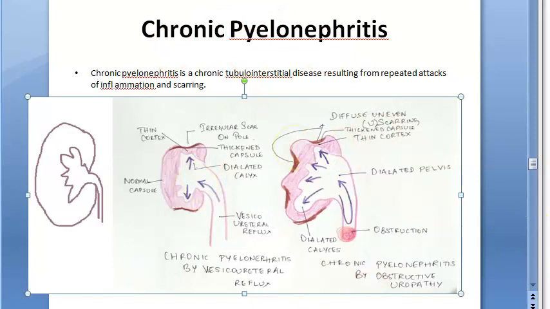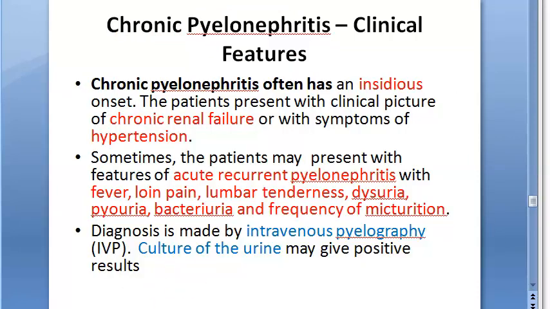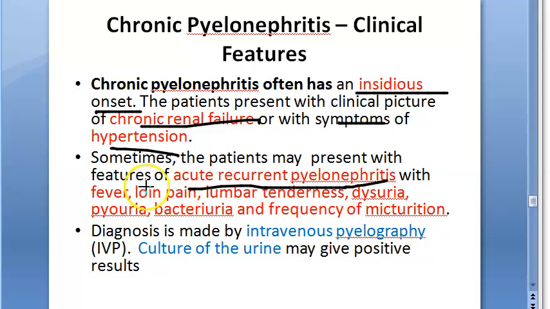Now let's move on. If a person has chronic pyelonephritis, then what will he come up with? Obviously, insidious onset symptoms. Chronic renal failure, and hypertension can be there because the renin-angiotensin system can be affected. Here the person has recurrent acute pyelonephritis, fever, etc. Recurrent, every time it's happening. Frequency of micturition is there.